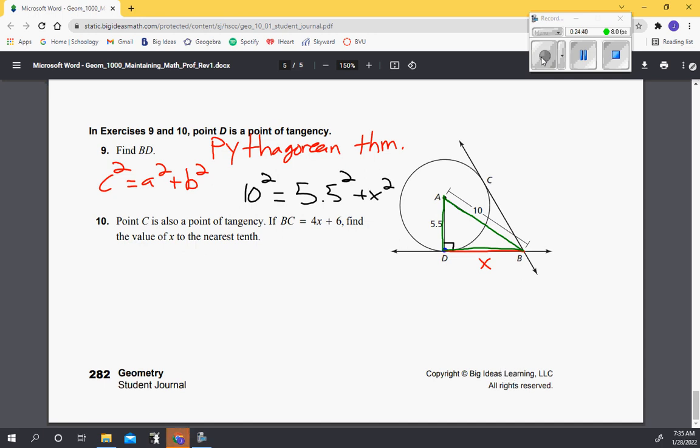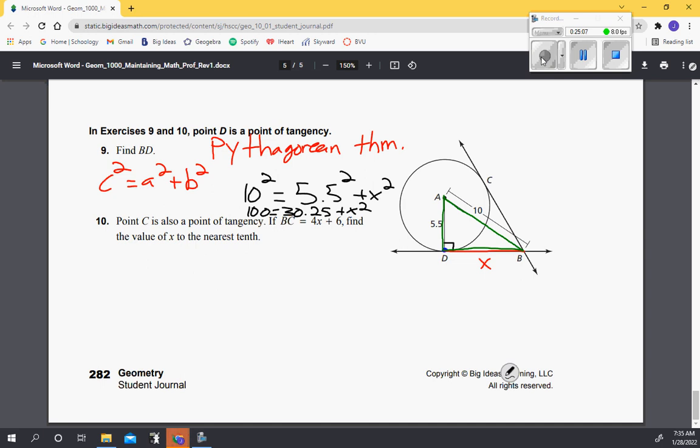Now, what we need to do is use our calculators. We know that 10 squared is 100. 5.5 squared is 30.25. Okay, we're going to subtract 30.25 from 100.